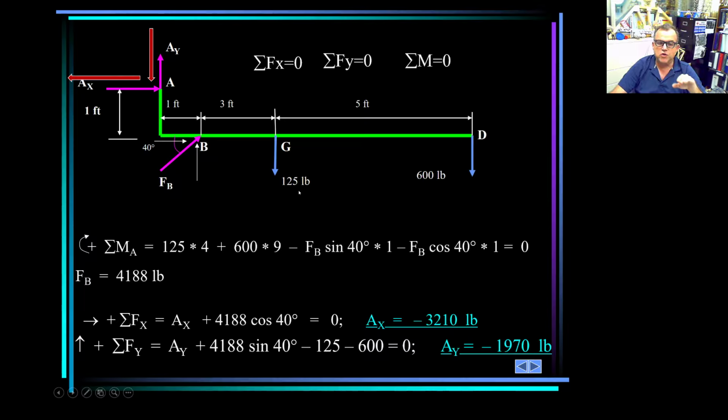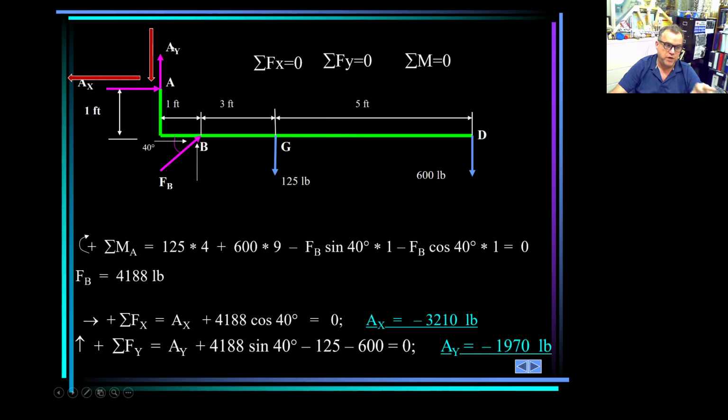And I'm not going to solve it, but I'm going to tell you how to do it. For example, if I want to know if these three values are correct, I can just go here. What is here? Whatever point you want to. 1 meter from here, 1 feet from here, 2.5 feet from here, whatever. That point. And you decide and you say, I'm going to do summation of moments with respect to that point.